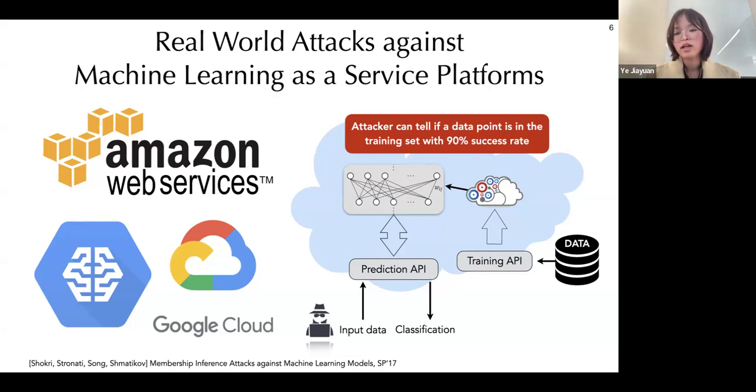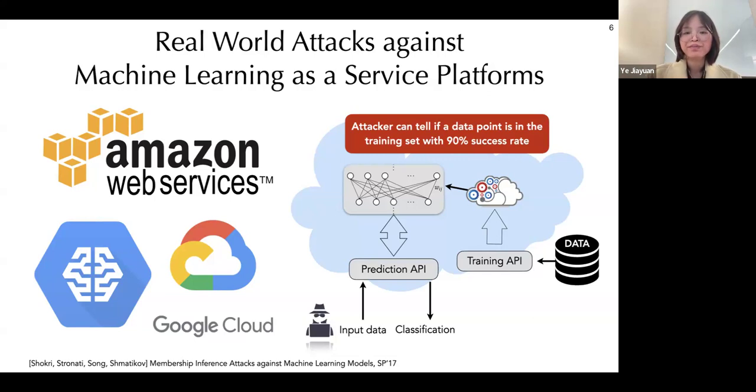This is done when the attacker only has access to the prediction API. It doesn't have control over what data set is chosen for training or the training algorithm, and can only observe the prediction on any input data that it can have access to. And this 90% success rate is quite high. It basically says it's possible with very high accuracy to say, I know this is in the training data set or not.